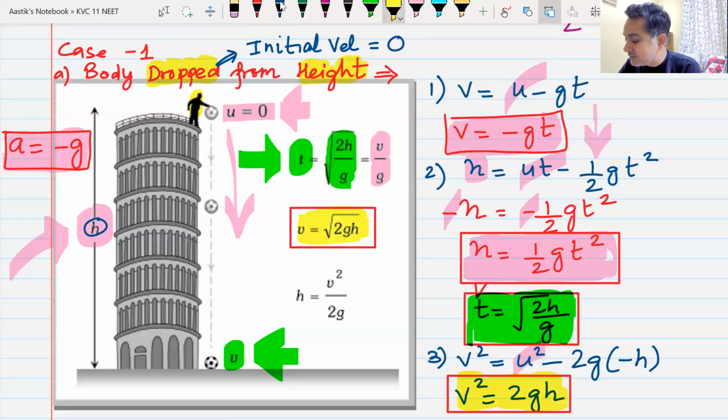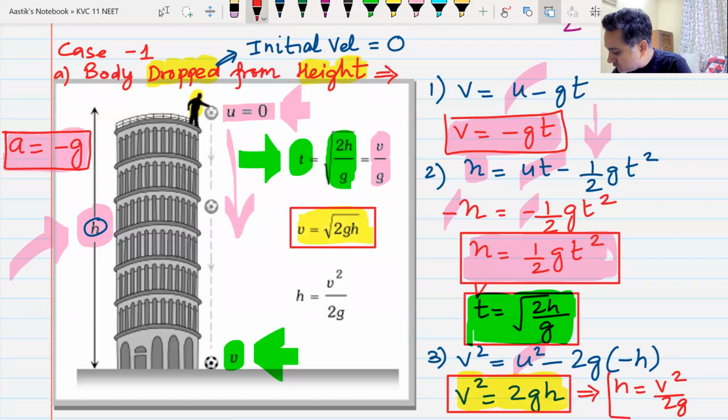Do we understand this? Everyone is noting it down at the same time. Now, from this equation, I can also write h is equal to v square by 2g. This is the blue equation.